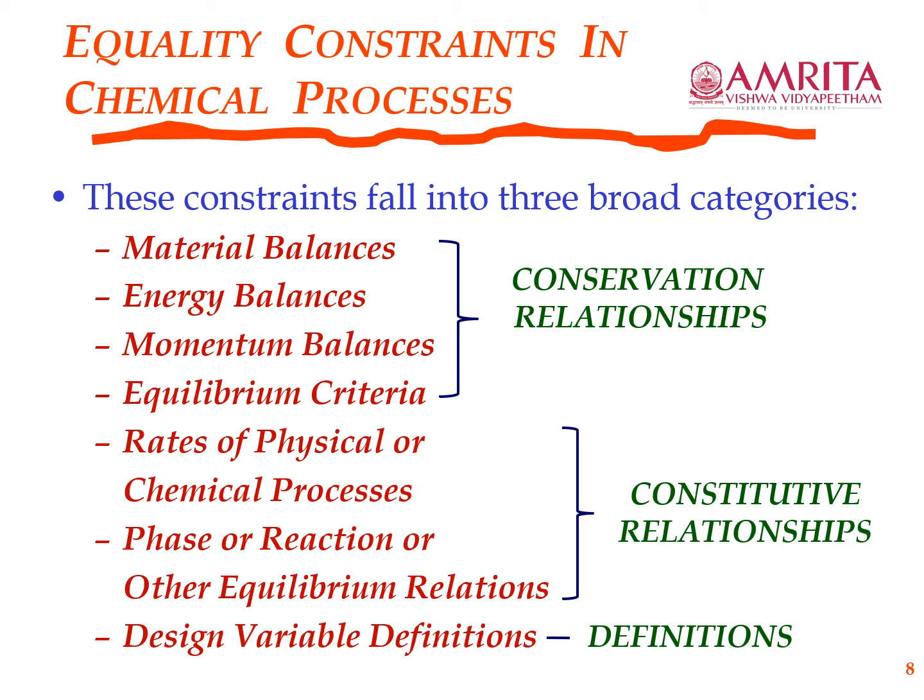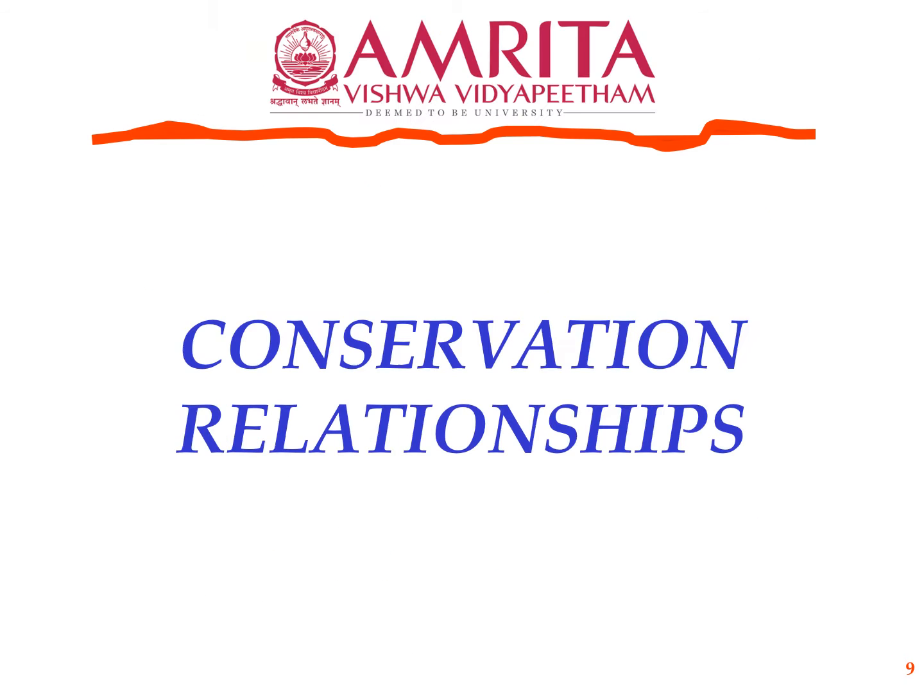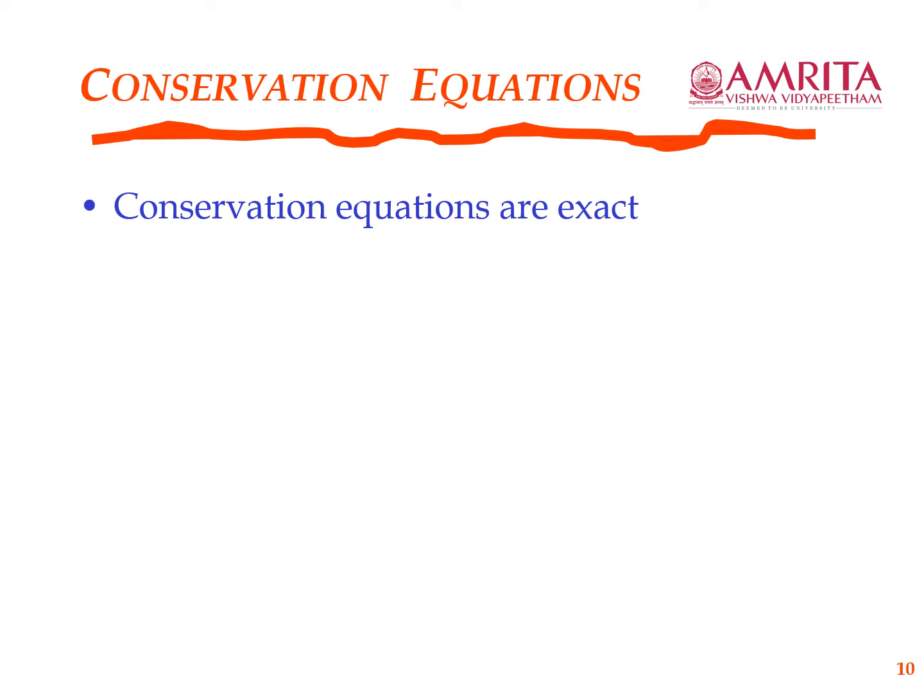Now, what I had said in the previous slide, conservation relationships, constitutive relationships, and definitions, a little bit more of examples of what types of relationships fall under each category. Now, if you were to look at conservation relationships, these relationships are exact. If energy is conserved, energy is conserved. Material is conserved, material is conserved.